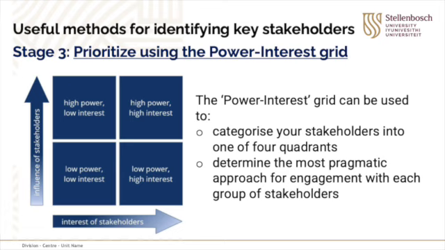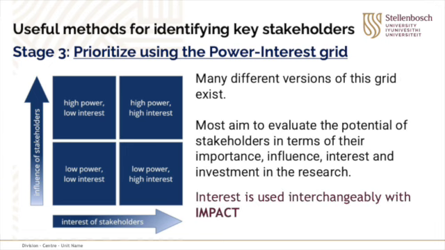There are lots and lots of different versions, as I said. There are a lot of different stakeholder mapping resources out there, and there are many different versions of this particular grid. Most of them have the aim of evaluating potential stakeholders in terms of their importance, their influence, their interest, and their investment in the research activities and the trajectory of your research.